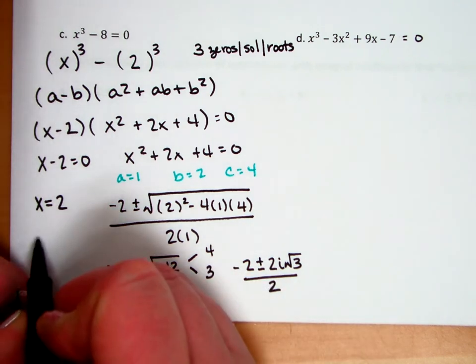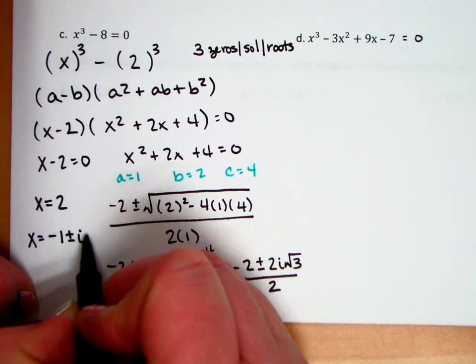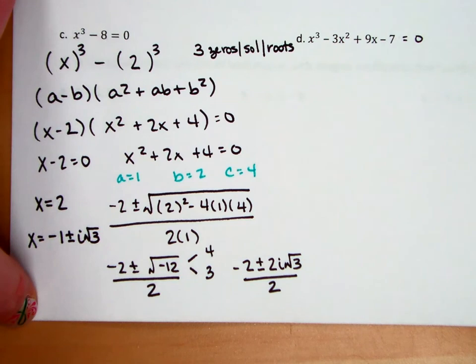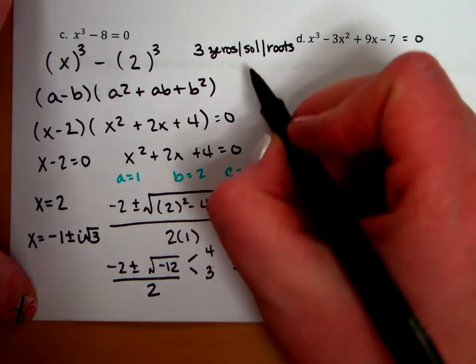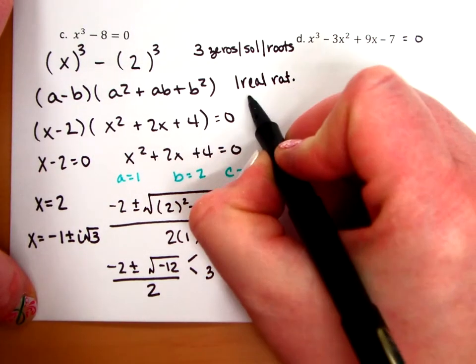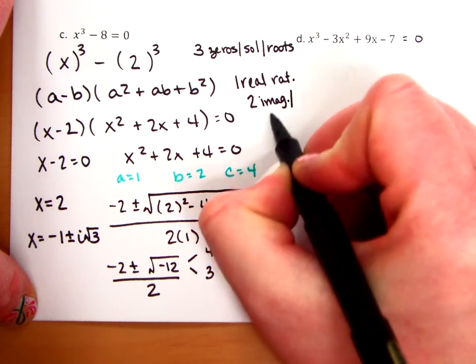So it would actually be x equals -1 plus or minus i root 3. These are my 3 solutions. I have 1 here, and then I have 2 here. So I have 1 real rational, and I have 2 imaginary / complex.